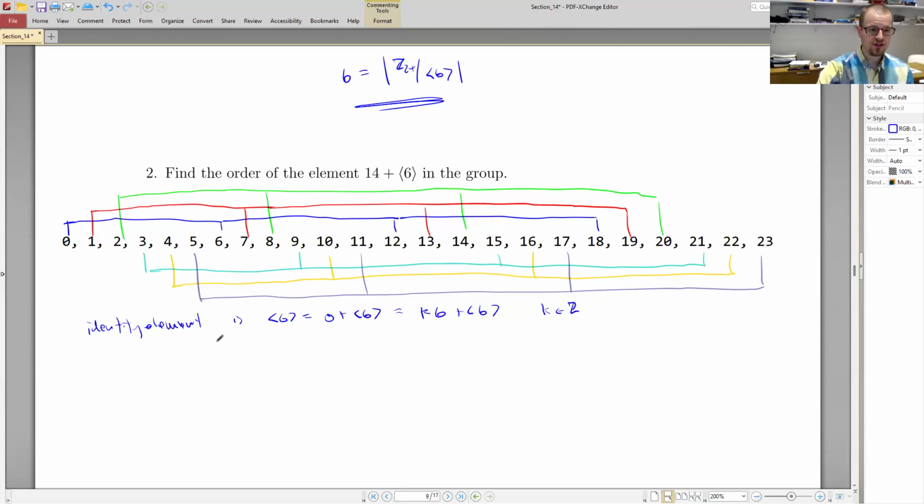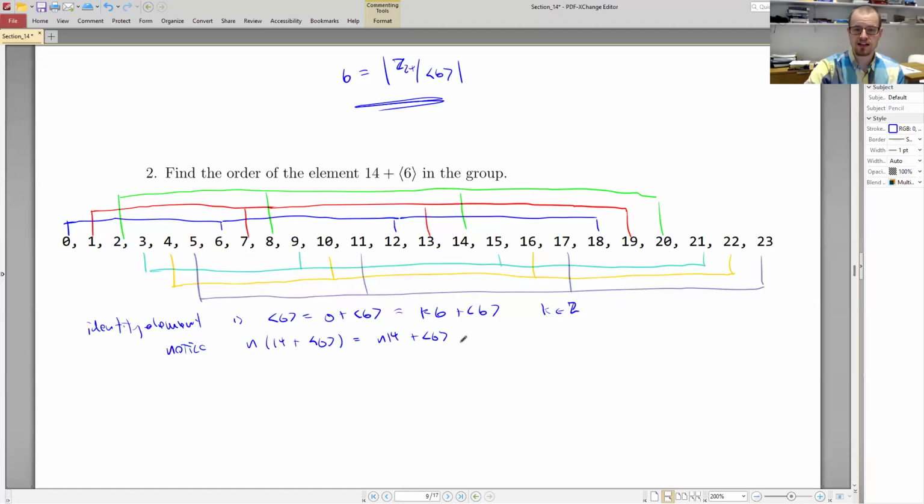And what I want to notice is that n times 14 plus what's generated by 6 is going to give me exactly n times 14 plus what's generated by 6.